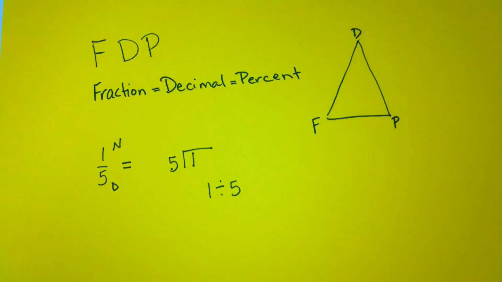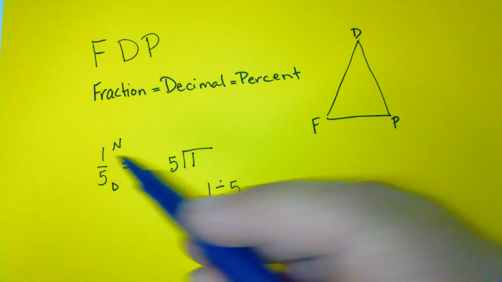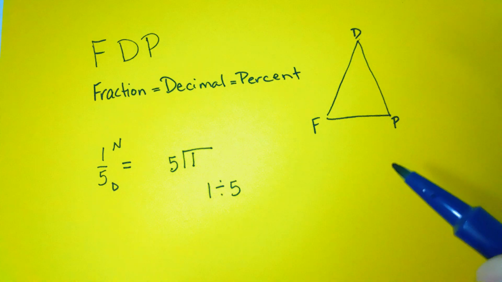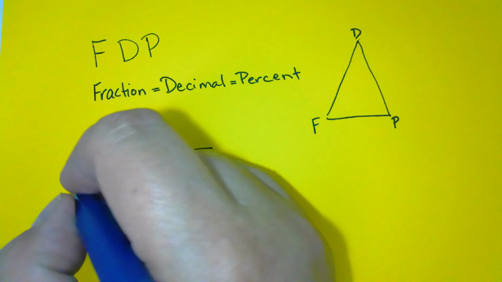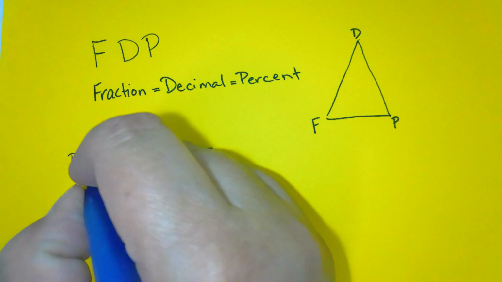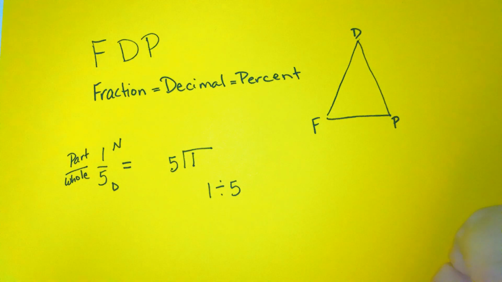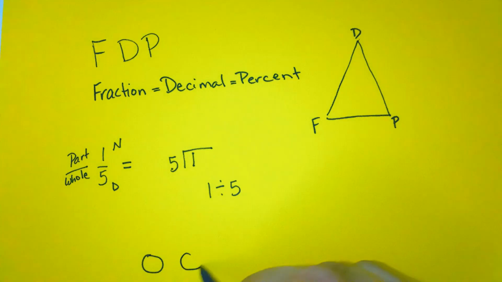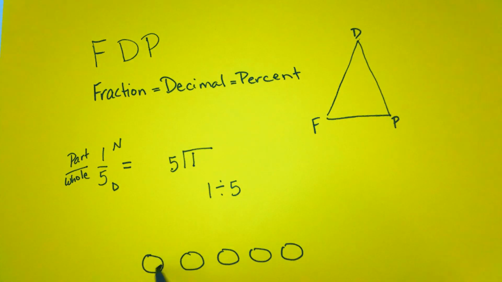Okay, well, if this is 1/5, that means it's less than 1, right? We know that it's one part out of 5 whole. Okay, I have 1 part out of 5.